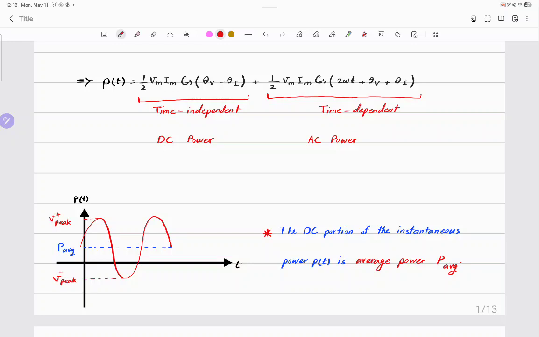So the cosine part is responsible for the fluctuations of power, but the DC part is responsible for the average.